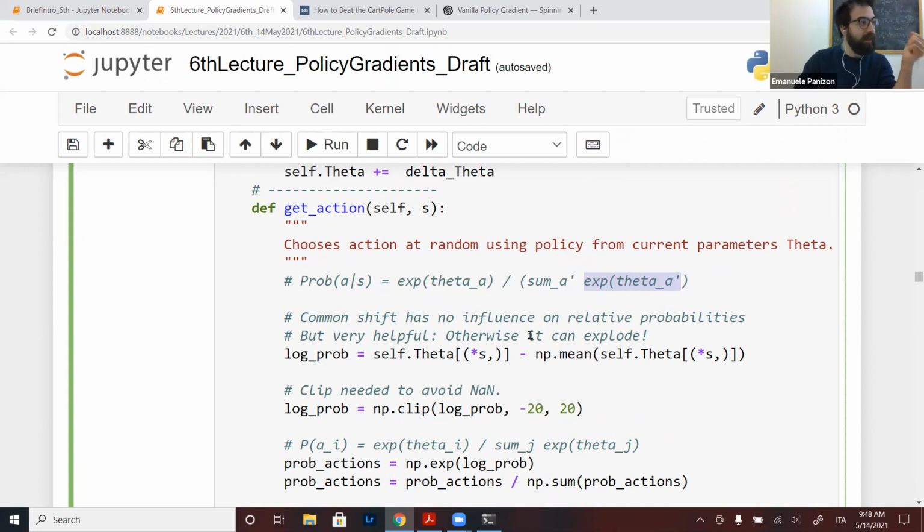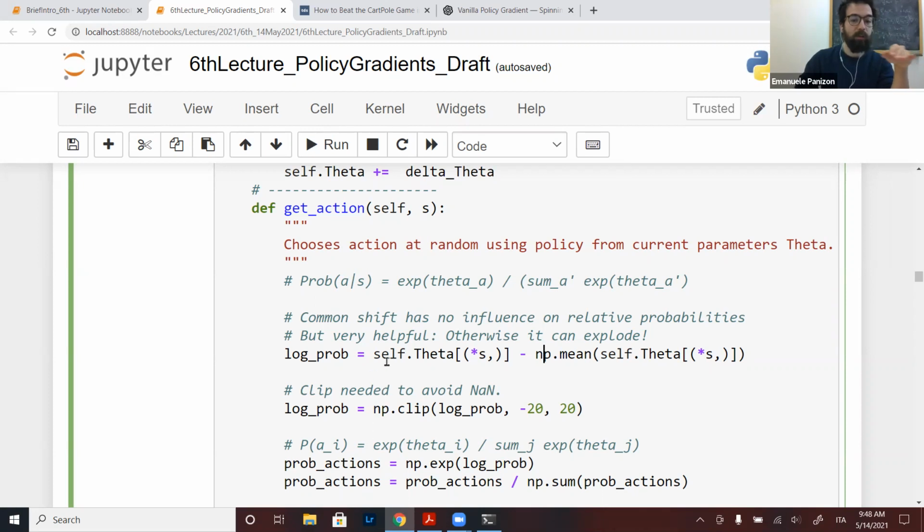As I said, a shift in the theta does not change the relative probability, but it's always useful to subtract this, in the sense that if you have every theta equal 0, then the probability is uniform over the actions. If you have every theta equal 1000, you have the same uniform probability.